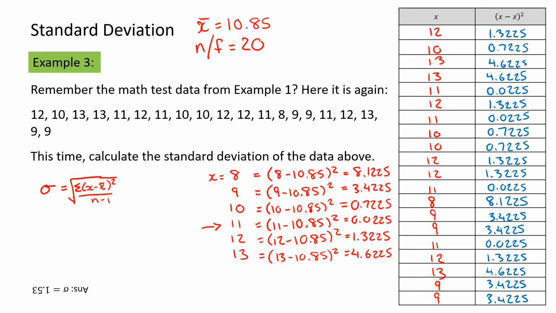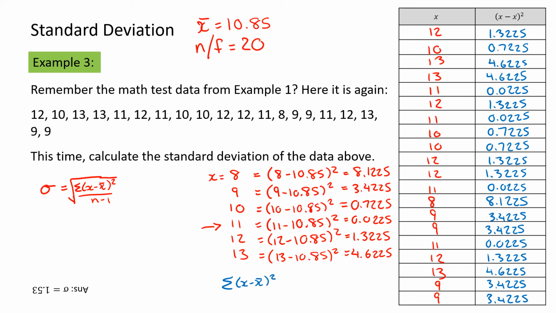Okay, so this looks like a lot of numbers, but all we're going to do is simply add up all of those terms. So if you're doing it on your calculator, you may have to do it in multiple steps. It just depends on how many numbers your calculator allows you to input at once. Okay? If you add all of these up, then what you get is the sum of x minus x bar squared, right?